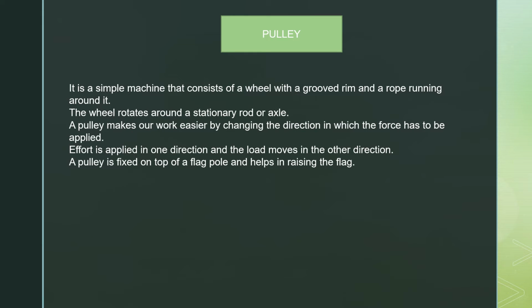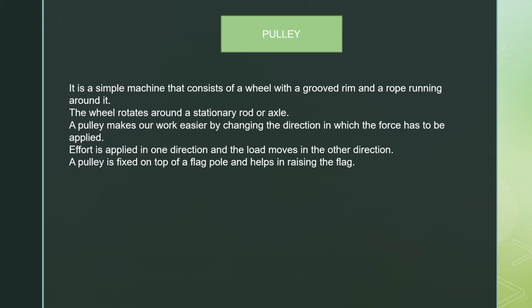Pulley. It is a simple machine that consists of a wheel with a grooved rim and a rope running around it. The wheel rotates around a stationary rod or axle.